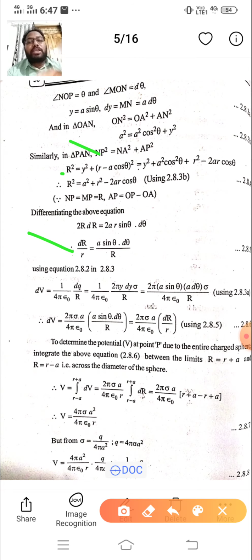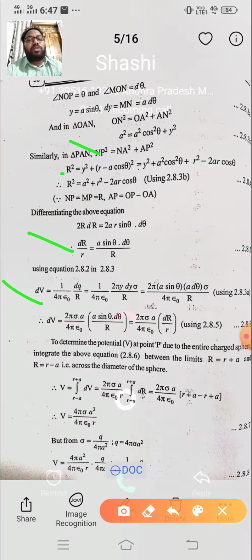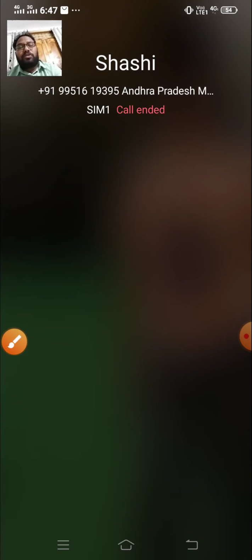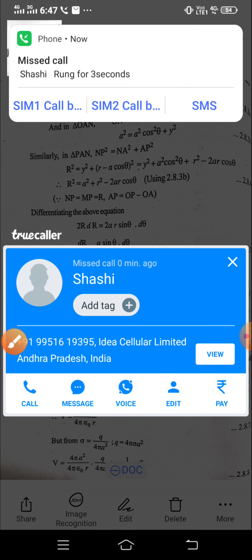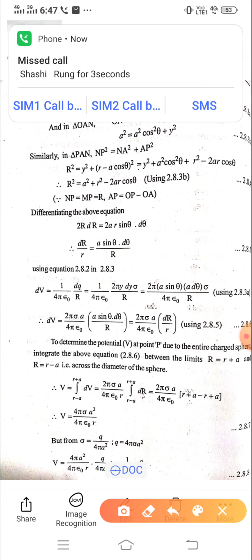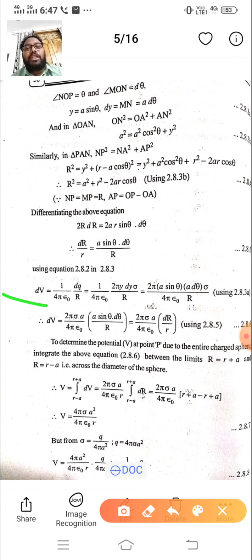By using these equations we can write dV equals 1 by 4 pi into dq by r, that is 1 by 4 pi into 2 pi y into dy into sigma by r. Already we know that y equals a sin theta, so dV equals 2 pi a sin theta into a d theta into sigma by 4 pi epsilon into r.